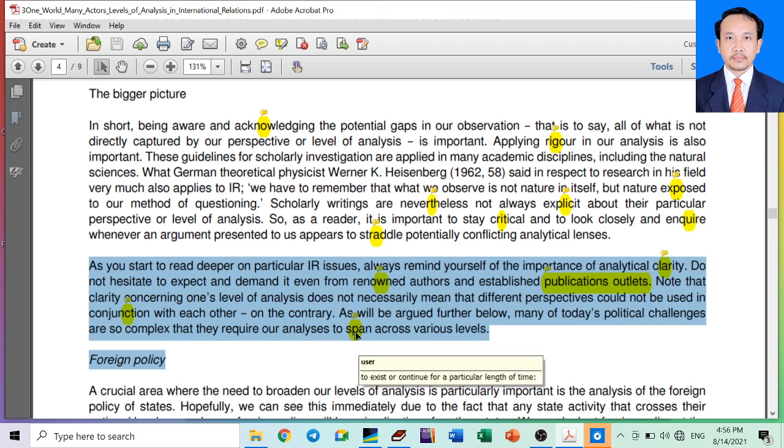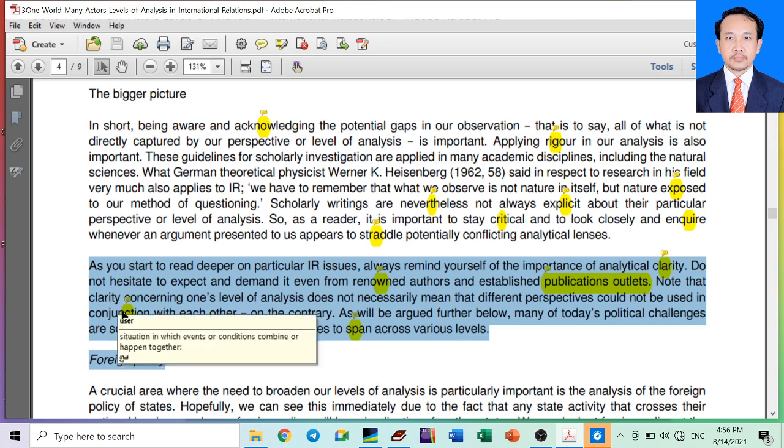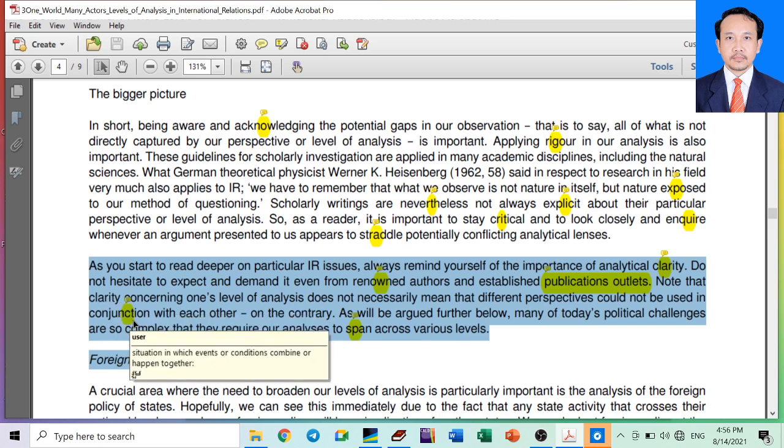Span means to extend or continue for a particular length of time. And conjunction means a situation in which events or conditions combine or happen together.